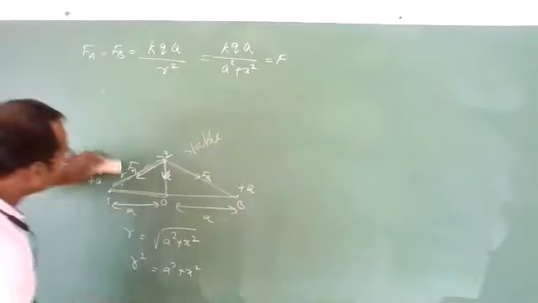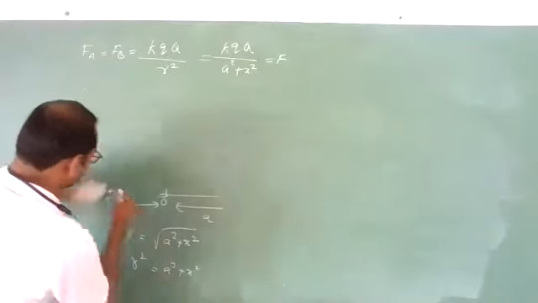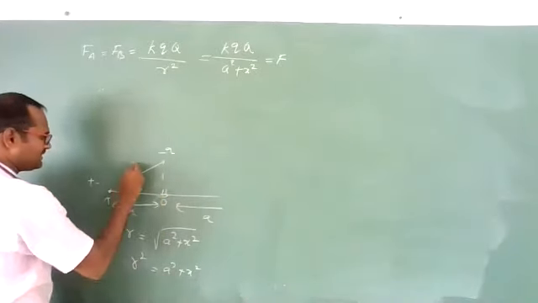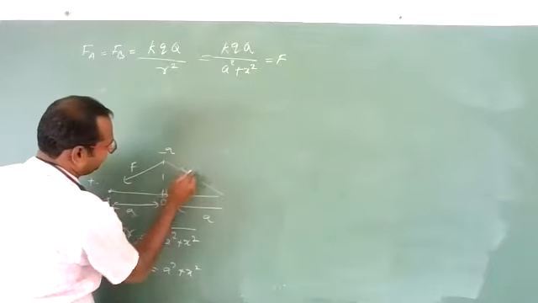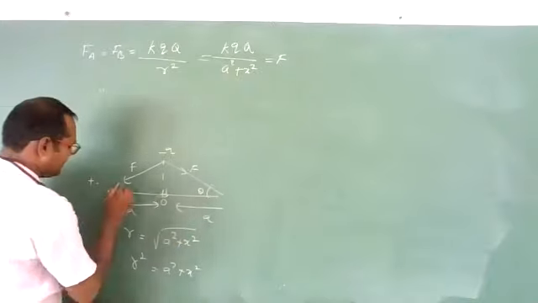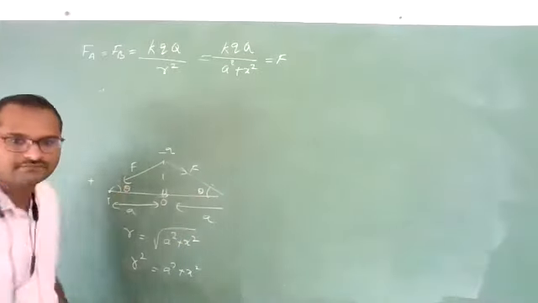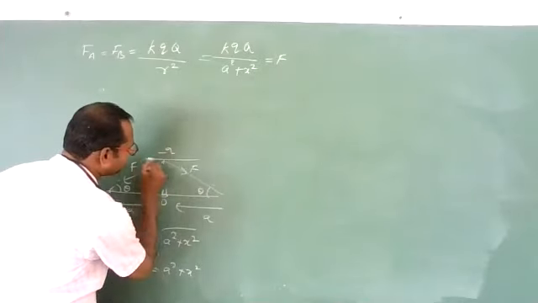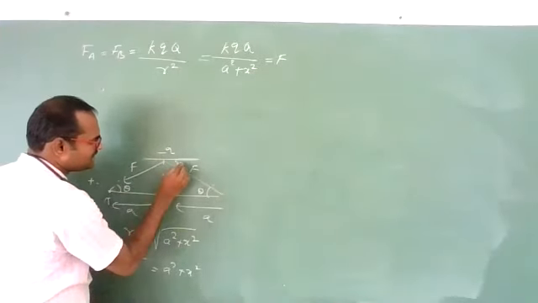Let us call this F. Now two forces are acting on the negative charge. One is this side F, another one is this side F. Let us imagine this is theta and this is also theta. Clear, students? Now let us resolve them into components. This theta means this is also theta.